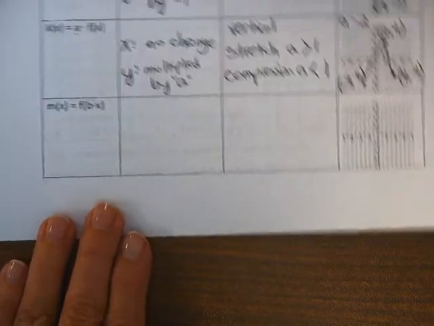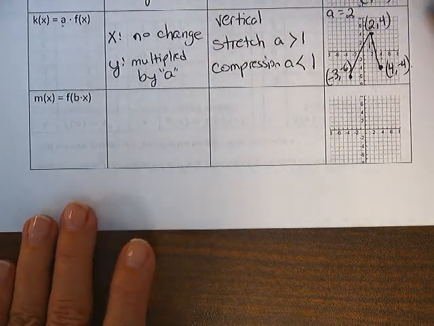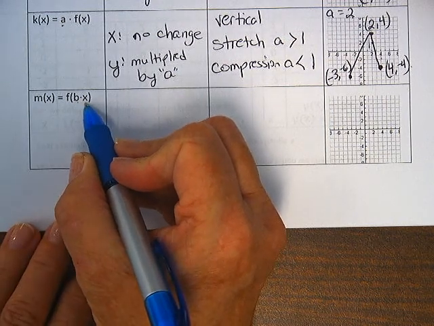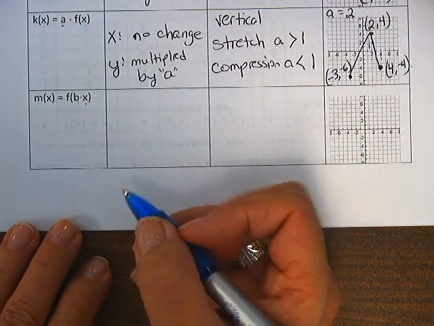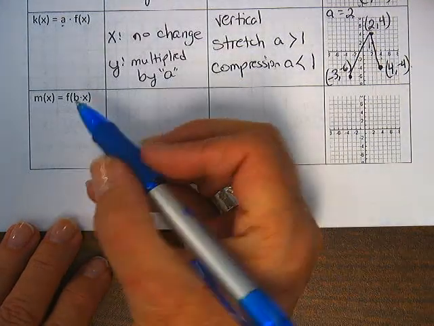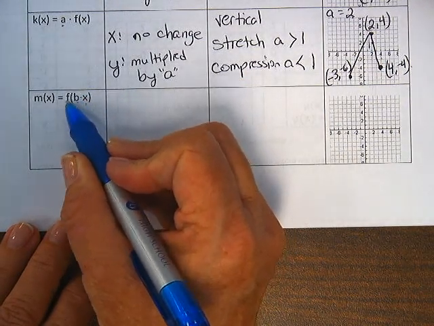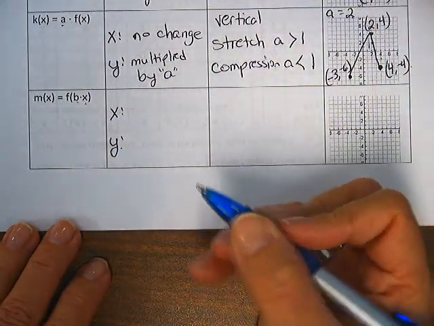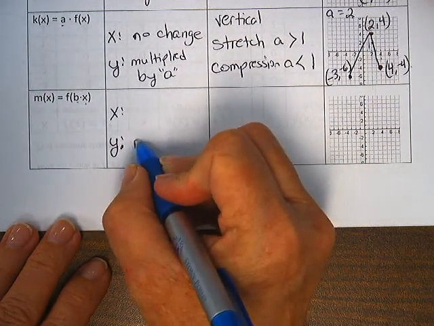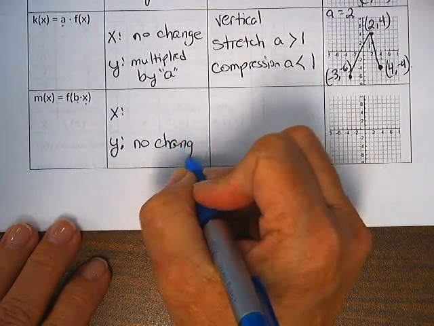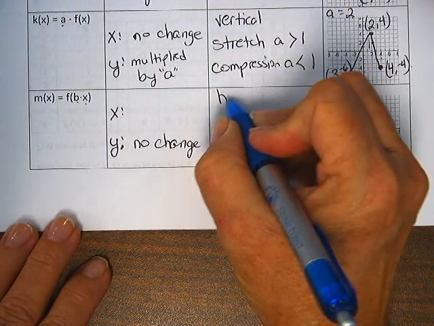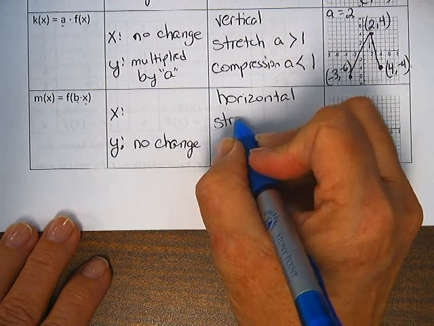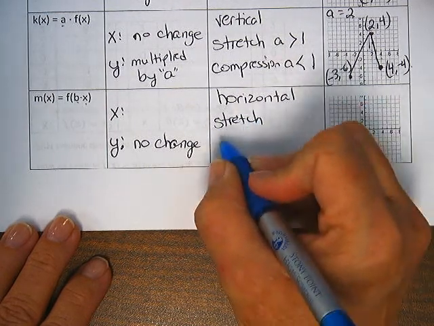Okay, here's the new piece, b. So for our function m of x, our b is multiplied by x, and when we multiply by x, then the function operates on it. What's going to be different here is our y values are going to stay the same, so no change here, and we're going to have horizontal either stretch or compression.